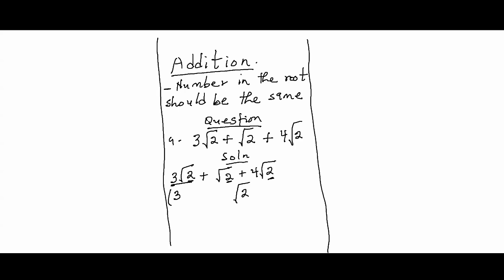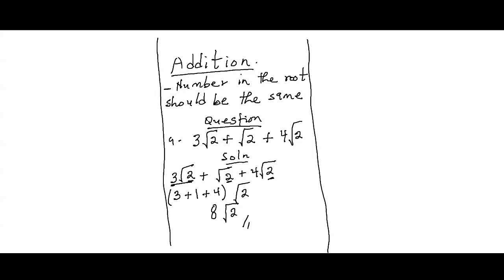For the second one, since there is nothing outside the square root, the number outside is 1. And the last one, the number outside the square root is 4. So I have 3 plus 1 plus 4, and that is going to give me 8. Then I bring my square root of 2. So my final answer is 8 root 2.